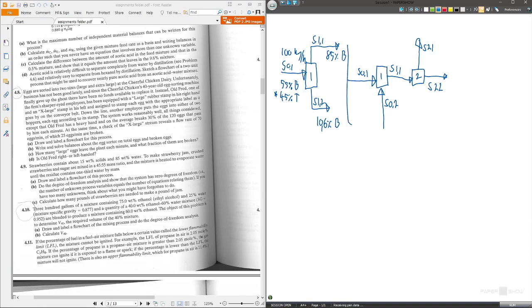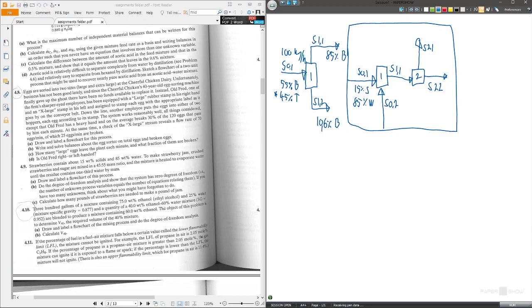I'll just make sure that it's not too confusing that I have more than one drawing. So that's what we're looking at now. The information we're given is that our strawberries, so I'm going to say that's our 01, let me just check, yes, contains 15% of solids and 85% of water.